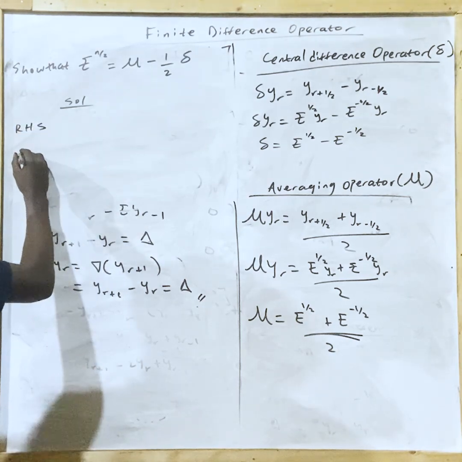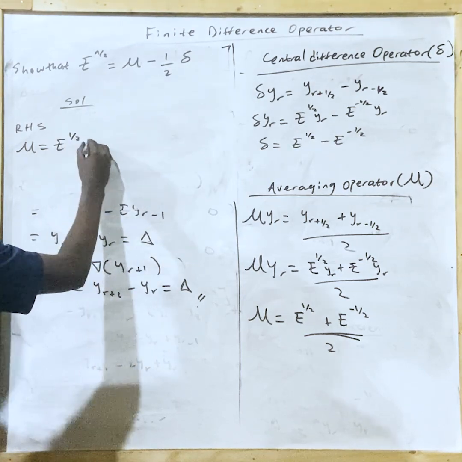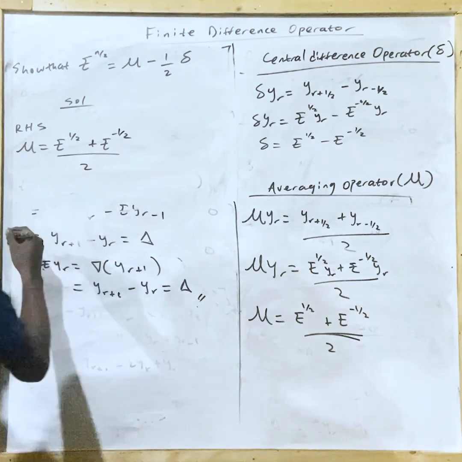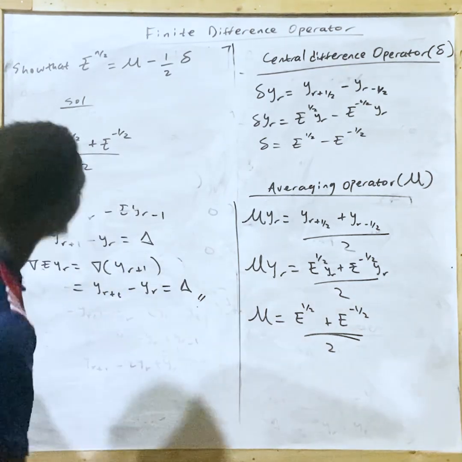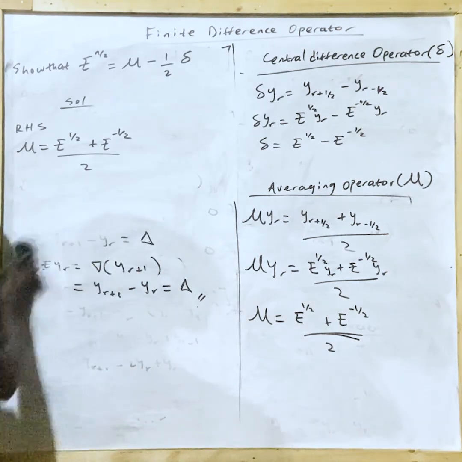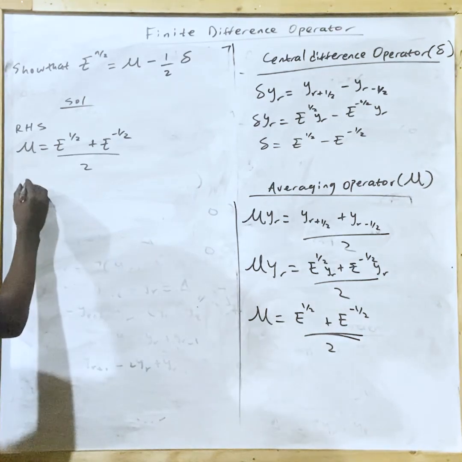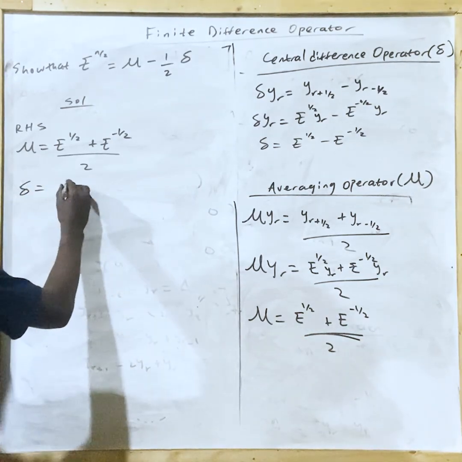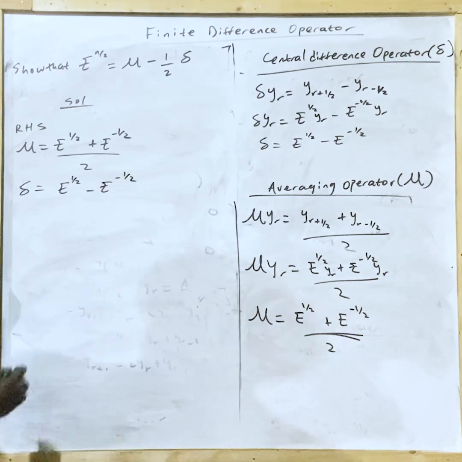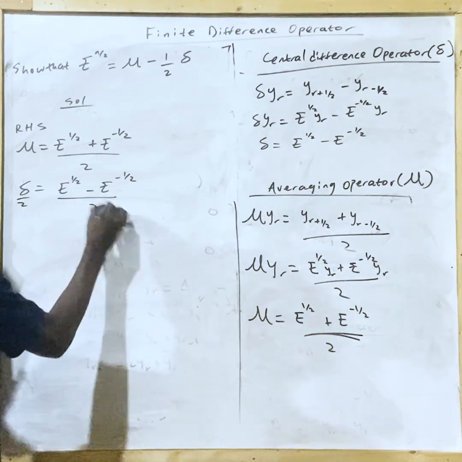I have this equal to the sum over 2, and the other equal to the difference. If I make this one over 2, I'll be having over 2.